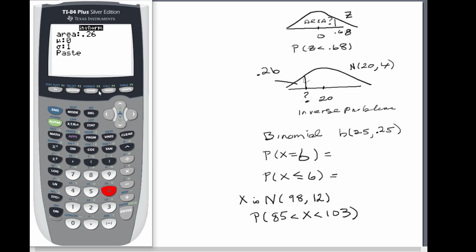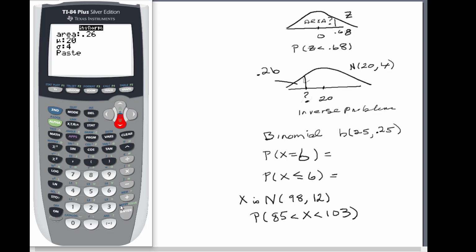So let's go to the mean and make it 20 instead of 0. And the standard deviation should be 4. And I think that's everything.